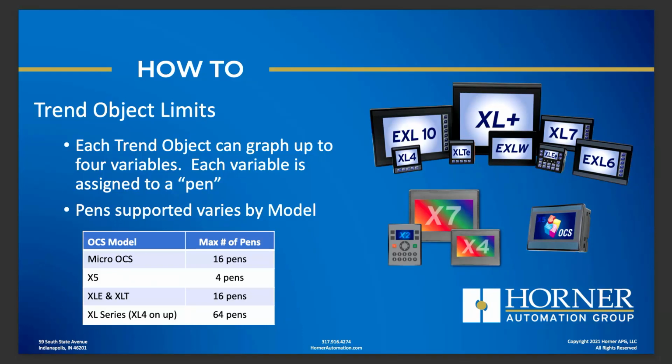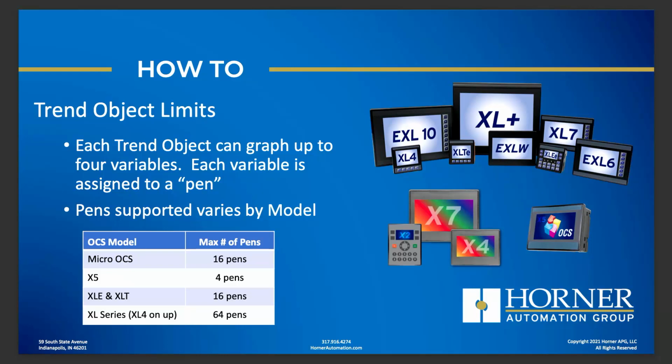All right. And then for your total project, the number of pens is going to be the limitation. So for example, with a micro OCS, you've got a limit of 16 pens total. So that could be 16 trend graphs, 1 pen per trend. It could be 4 trend graphs with 4 pens each, or any combination that adds up to 16 pens.